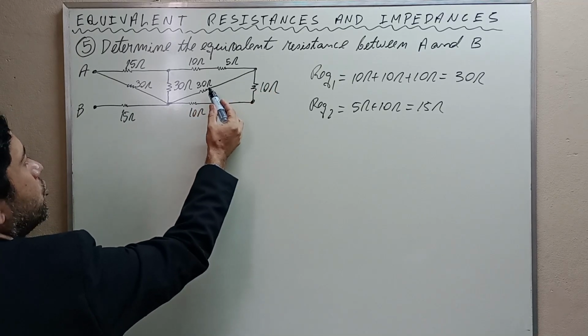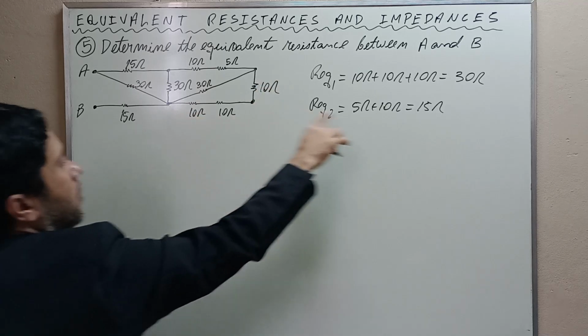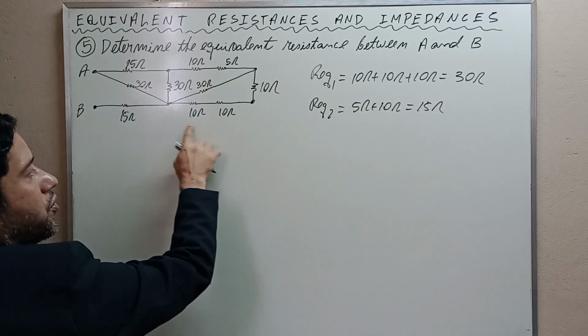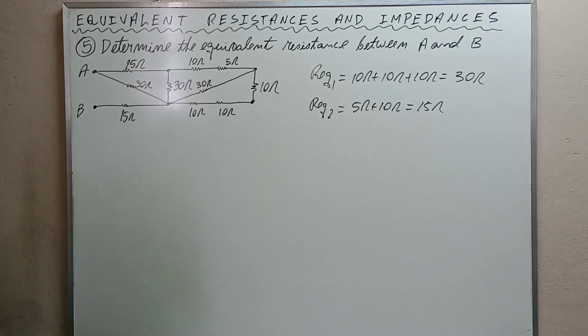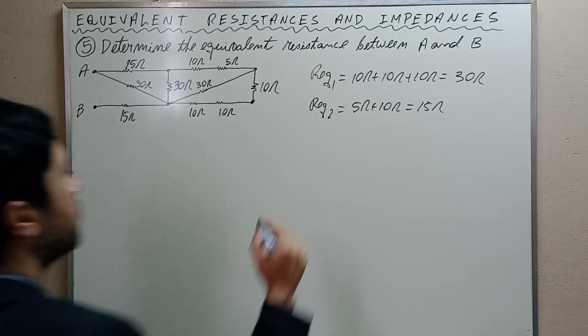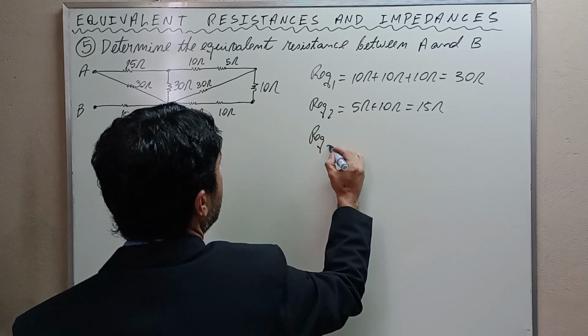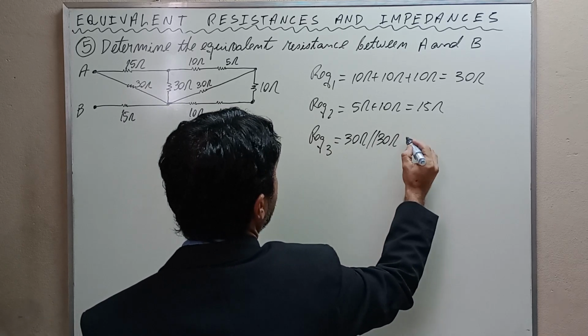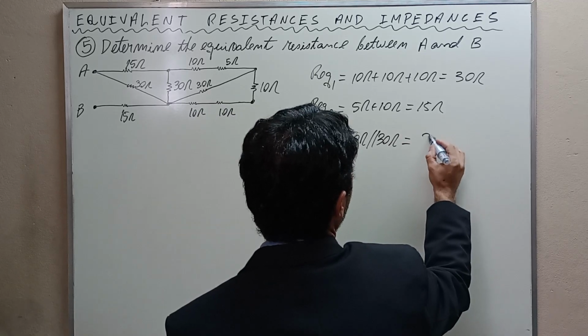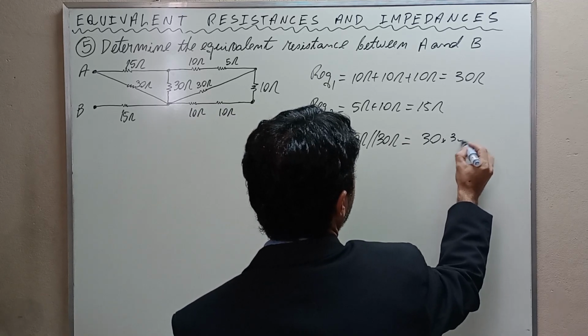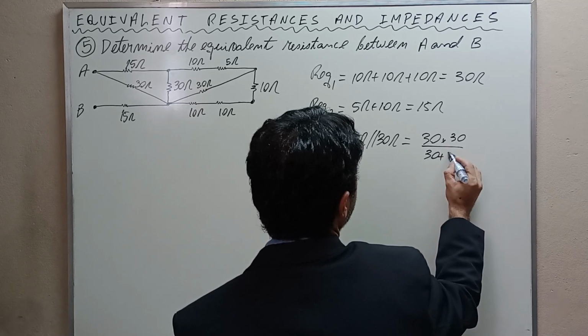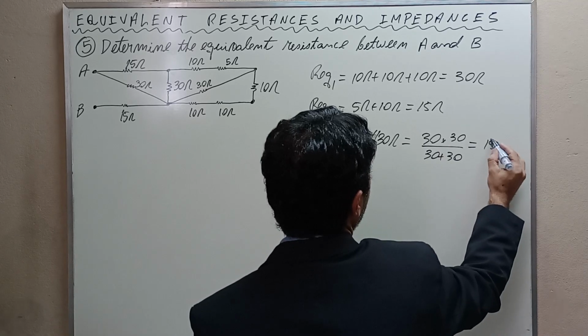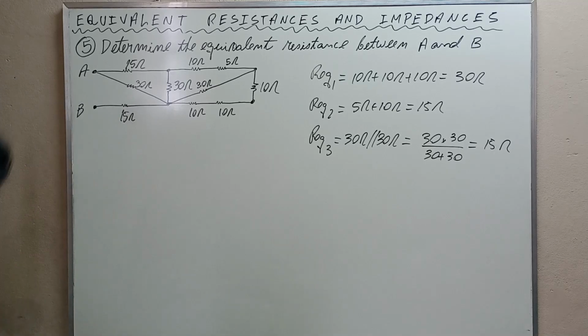This is common to this and this, the 30 ohms that results from the series combination between these three 10 ohms resistances. Thus, equivalent resistance number 3 is equal to 30 ohms in parallel with 30 ohms, and this is equal to 30 times 30 divided by 30 plus 30, and this is equal to 15 ohms.